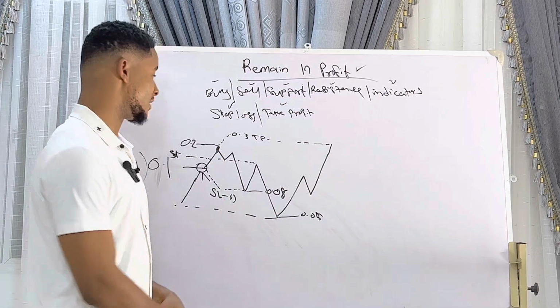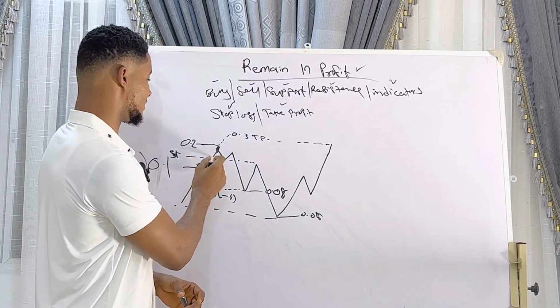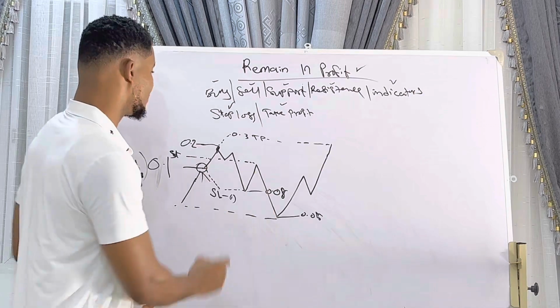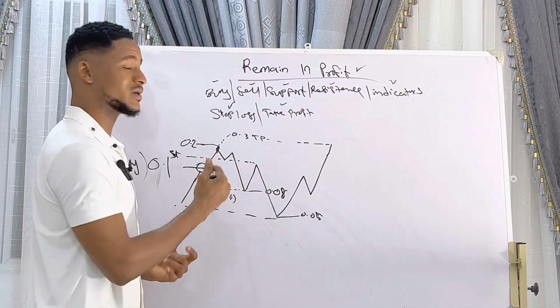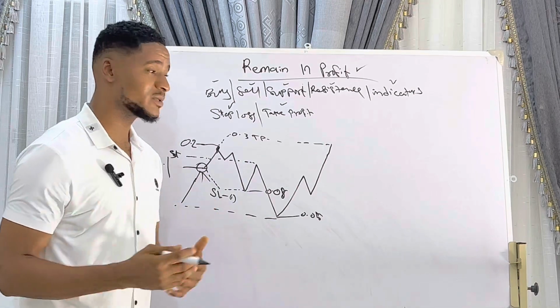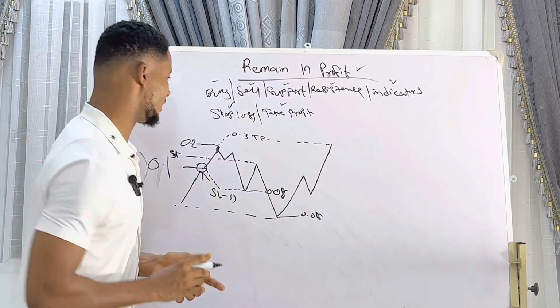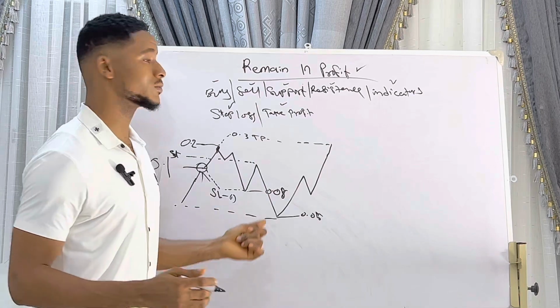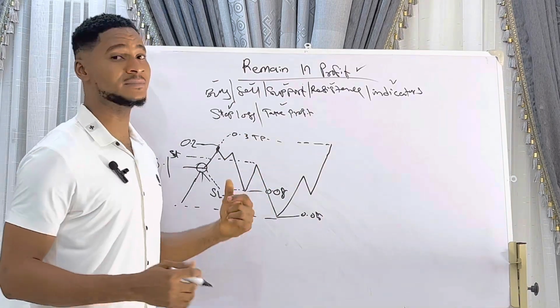So always remember to adjust your stop loss at this point and push it up. So when we come down here, you can still be in 10% profit or 15% or 5%, okay? Now, same thing happens to your take profit.